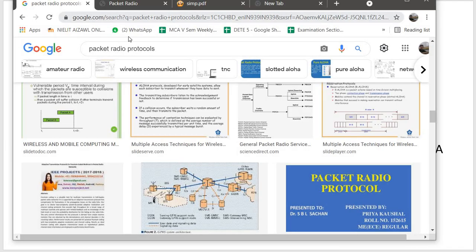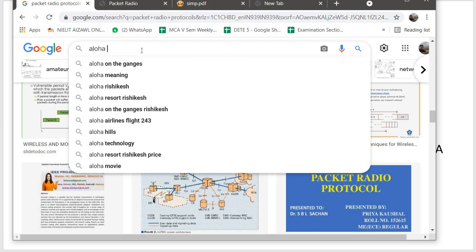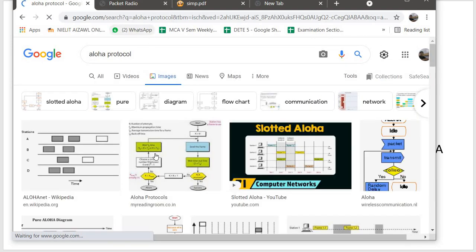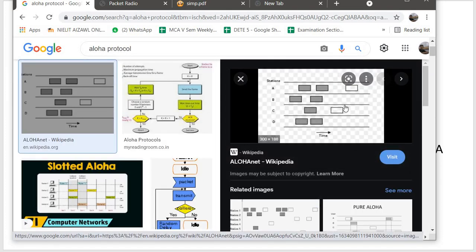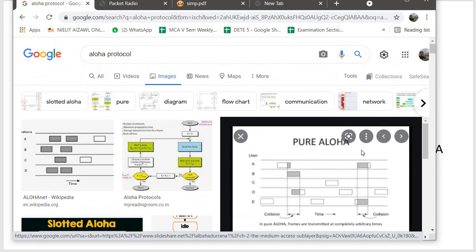Let's see the Aloha protocol in this picture.